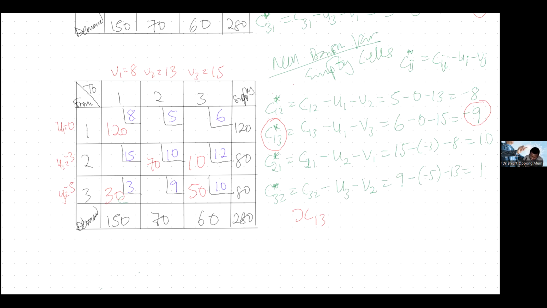So what that means is that we have to allocate X13, that is this section, right? So we go back to our stepping stone, and we say that this will be plus, right?